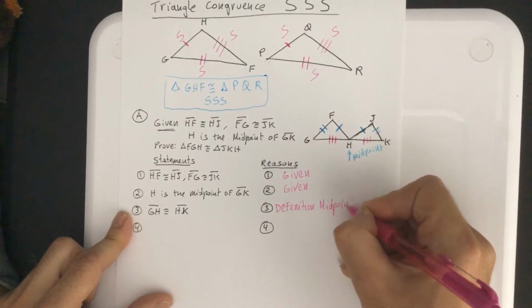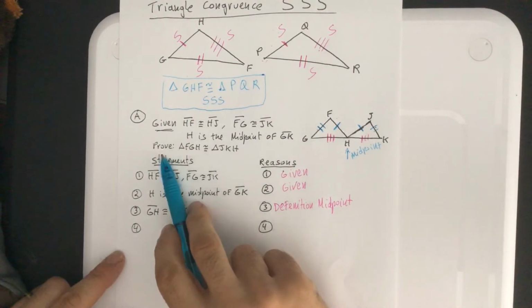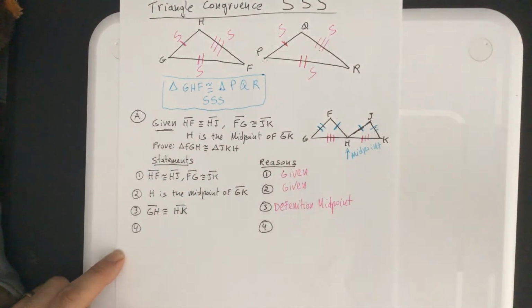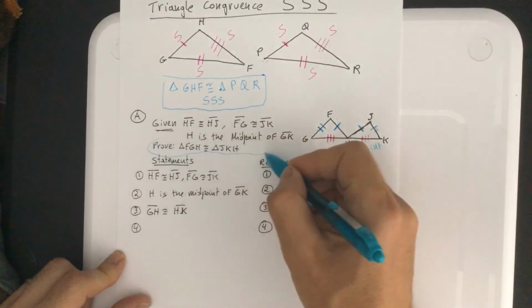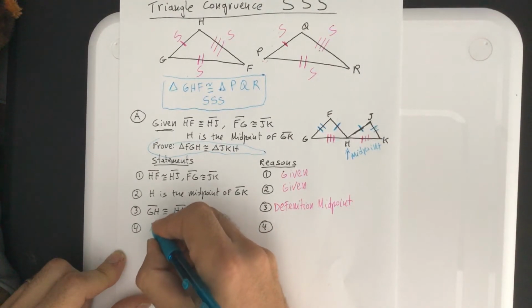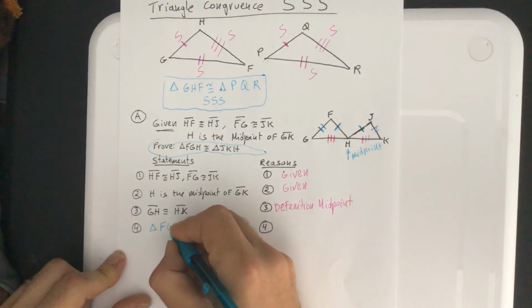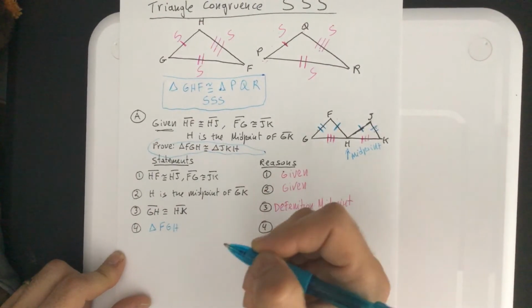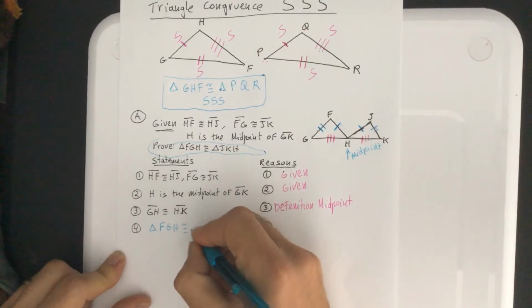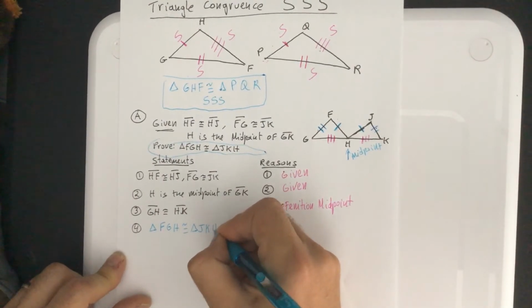And finally, the last statement is always going to be what you're trying to prove. That's the last statement. So triangle FGH is congruent to triangle JKH.